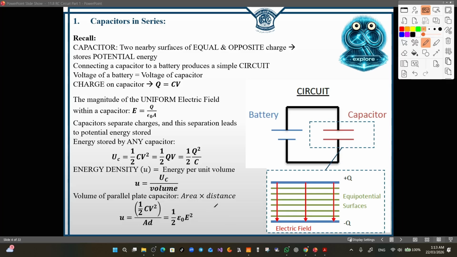Here we can simply write u equals half C, and the V squared can be written as V times V, over A d.